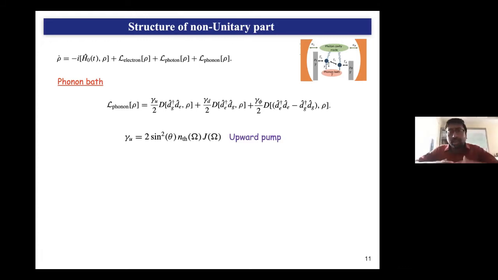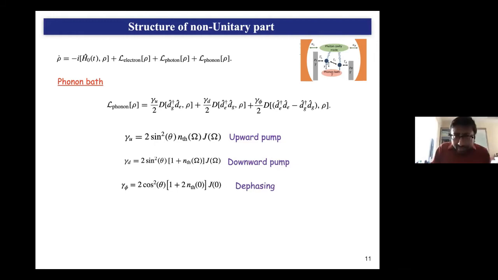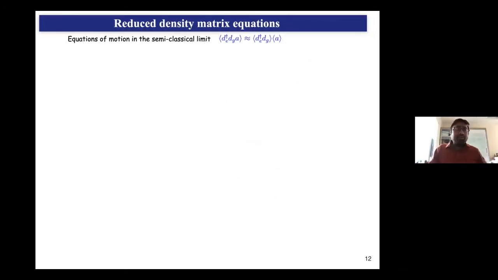So the phonon bath can also induce transitions. There are various rates that you will get, which depend on the coupling as well as the phonon bath temperature. There is an upward rate, meaning it can pump the electron from ground to excited state, as well as a de-excitation rate, or there could be terms that don't exchange energy. Okay, so these are the various terms in your master equation coming as the dissipator, because you traced out the bath.